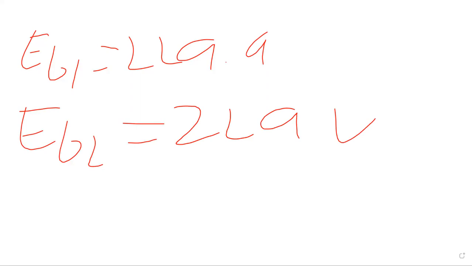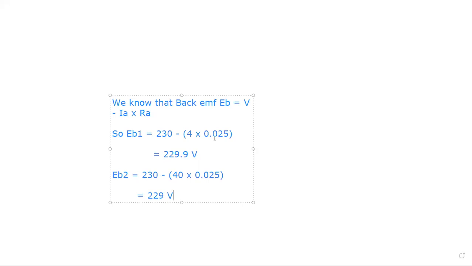Just one minute, I will calculate EB2. Just wait, let me put it on the board so that you can understand. So now, EB equal to V minus IA into RA.